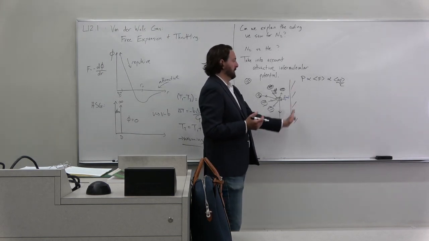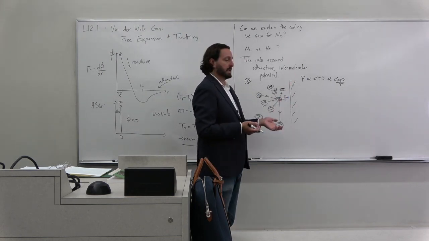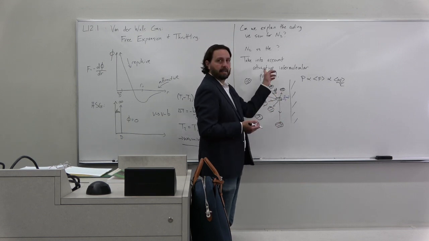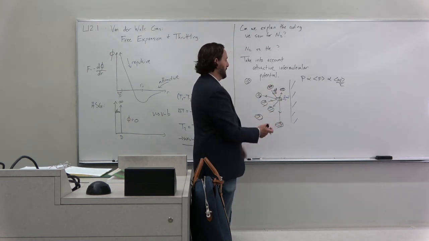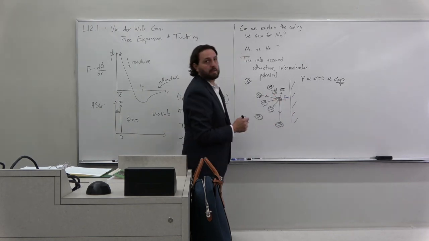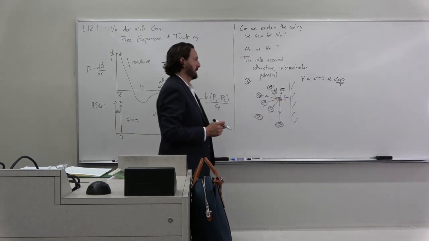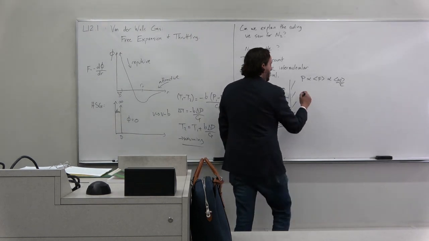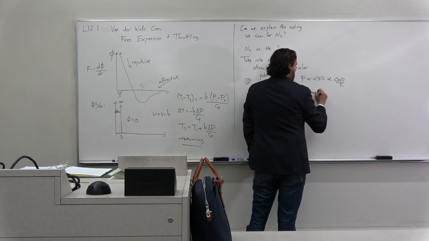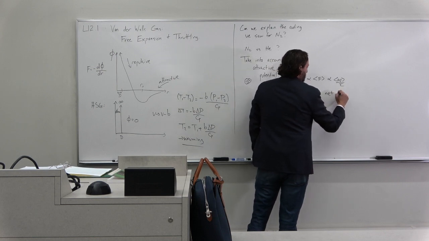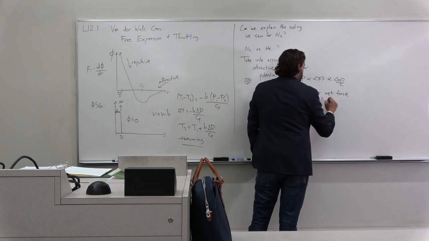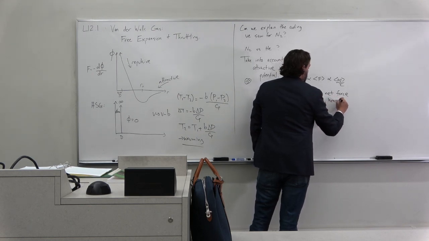And if there's no molecules here, what do you see as the net result? Well, it's probably going to balance in this direction for now, but since there's no molecules here, there's a net force pulling it back. So we're going to decrease the net force on the wall, hence the pressure.